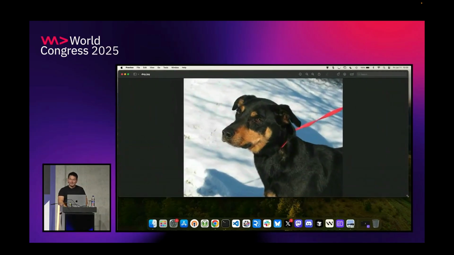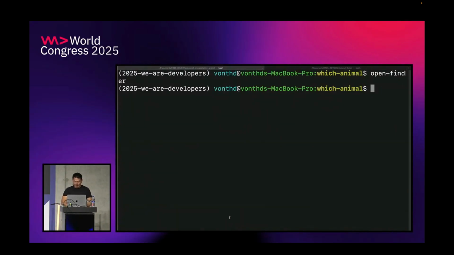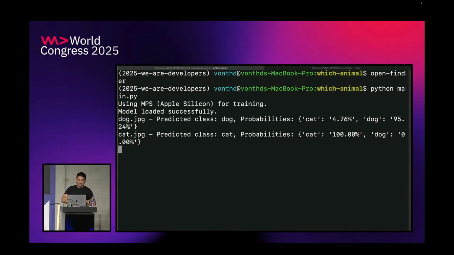And I'm going to pass these two images to a pre-trained model. It would take an hour to train the model live, so it's already pre-trained. And we're going to pass those two images through our dog and cat classifier. And you can see that the dog.jpg was predicted as a dog. That's correct, with a 95% confidence score. And the cat.jpg was classified as a cat with a confidence score of 100%.